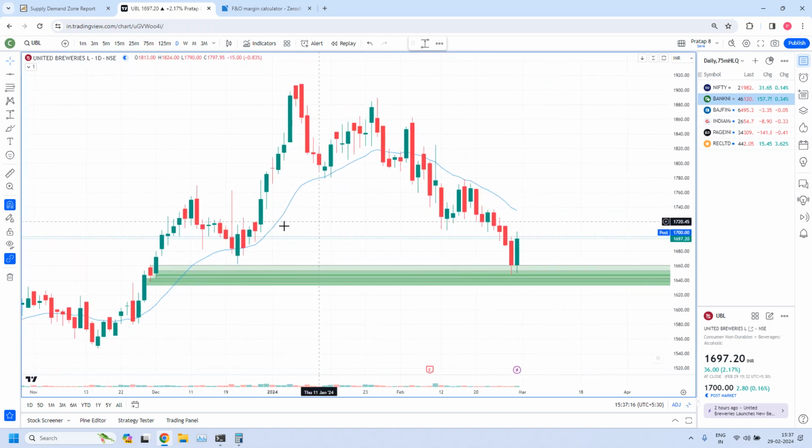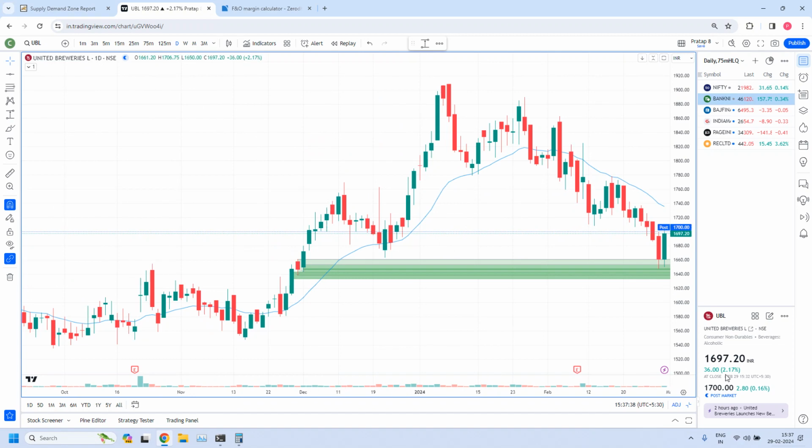On 21st December it came near to the zone. Probably on that day's list it might have been given. After that, recently on 27th, Tuesday's list also it might be there. It was near to the zone. But earlier we drew this daily zone, and at that time it was a fresh zone.